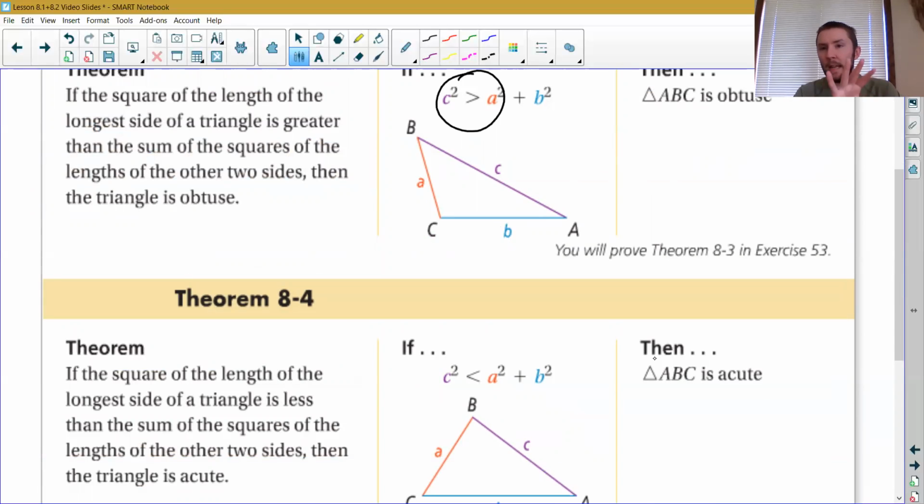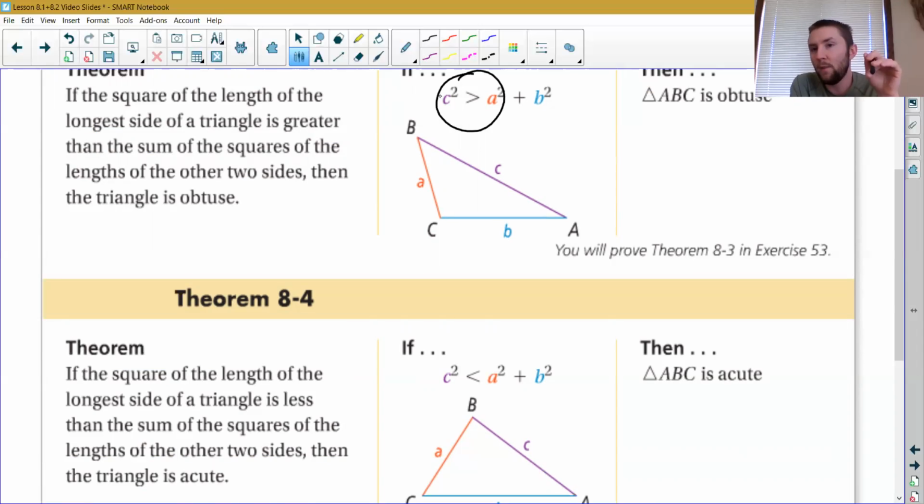What the Pythagorean inequalities say is if you do the a squared plus b squared stuff, and you do the c squared, okay, you take the side lengths and you do those things. C squared, of course, again, being the longest side. If the c squared value is bigger than the other two, then the triangle is obtuse, and obtuse means an angle bigger than 90 degrees, right?